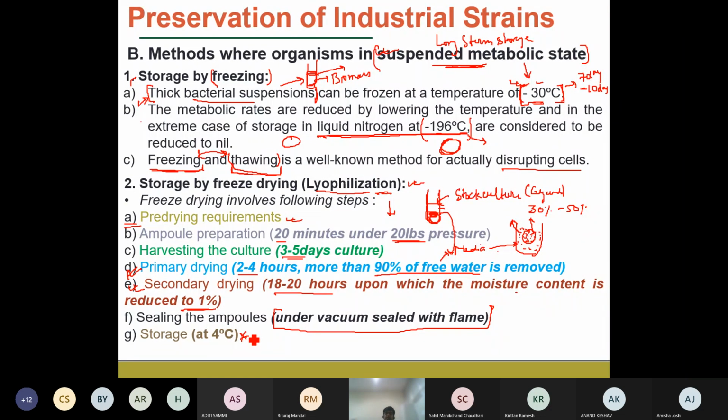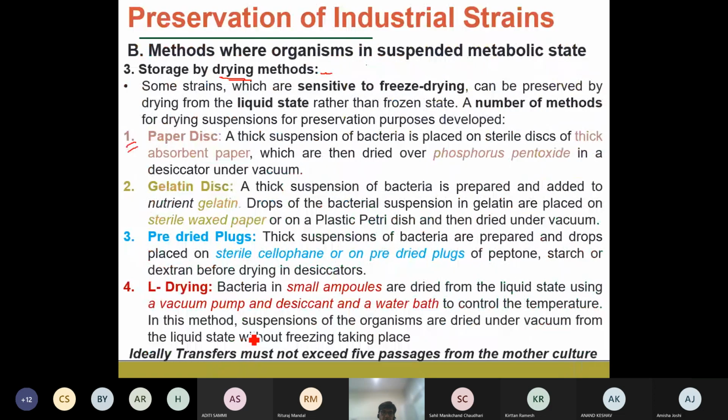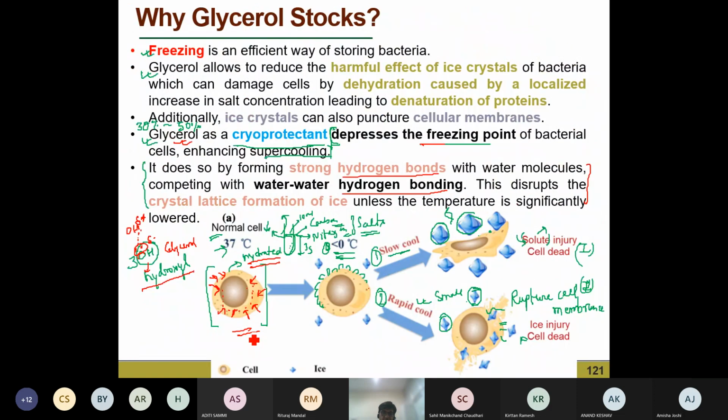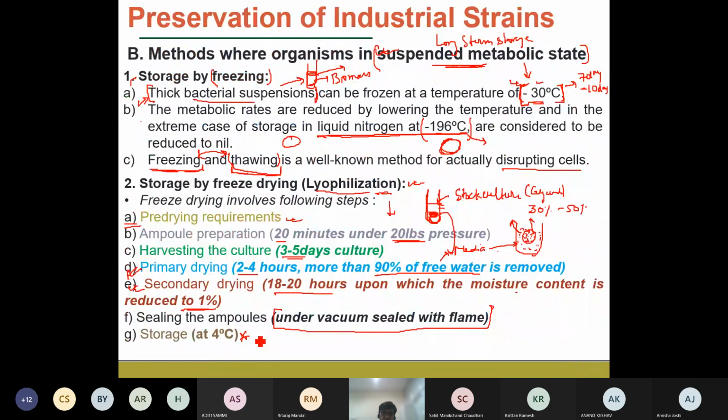Whenever you dry cultures through this freeze drying method, the storage time is significantly longer. So these are the steps when we are doing freeze drying of these cells through lyophilization techniques.